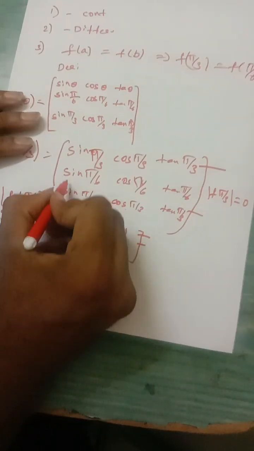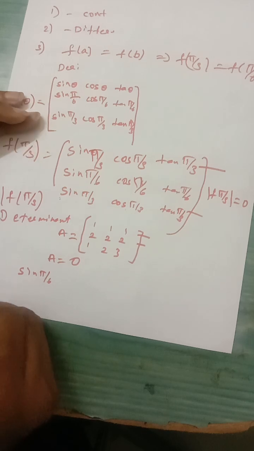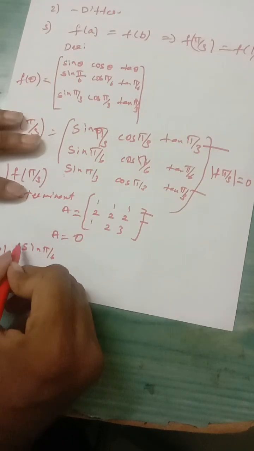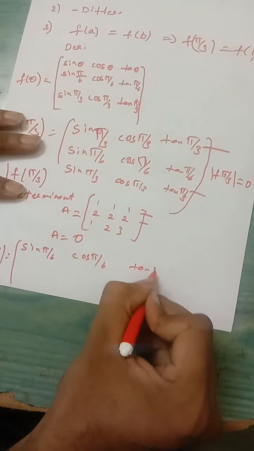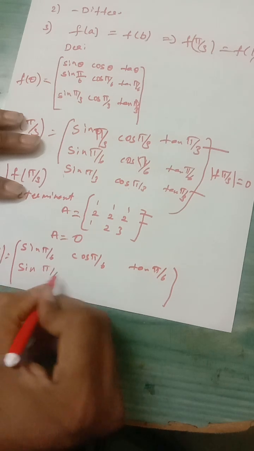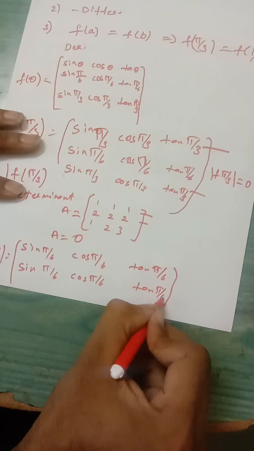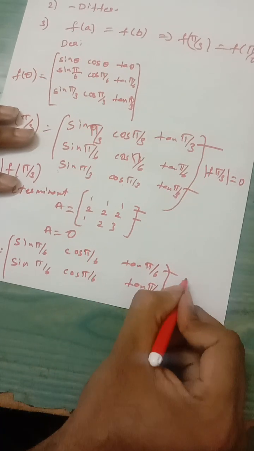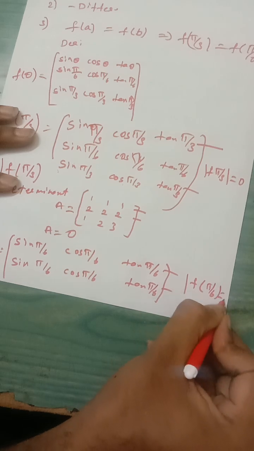In the same way, for f(π/6), the rows are codependent, so det f(π/6) is equal to 0.